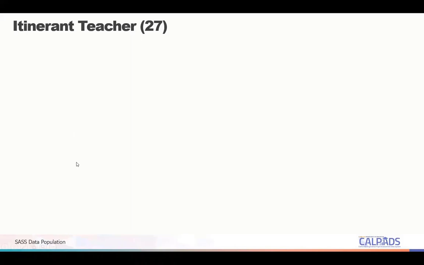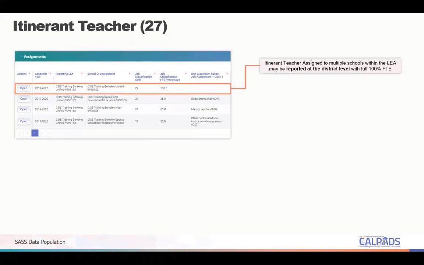There are different ways in reporting itinerant teachers. An itinerant teacher can be assigned in multiple schools within the LEA, but may be reported at the district level with a full 100% FTE. So you can just assign the teacher to the district level, regardless if the teacher is sent to different sites.